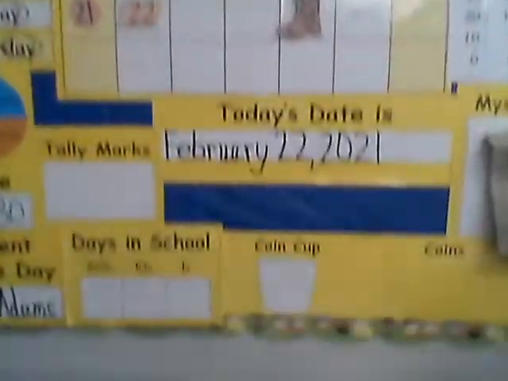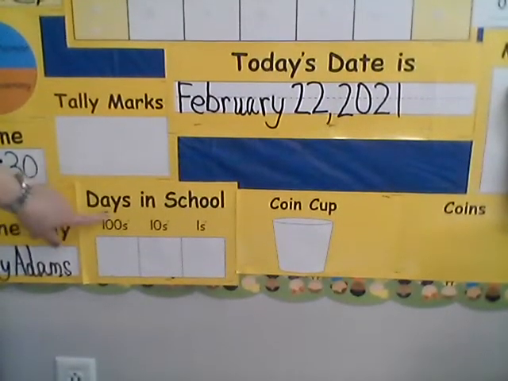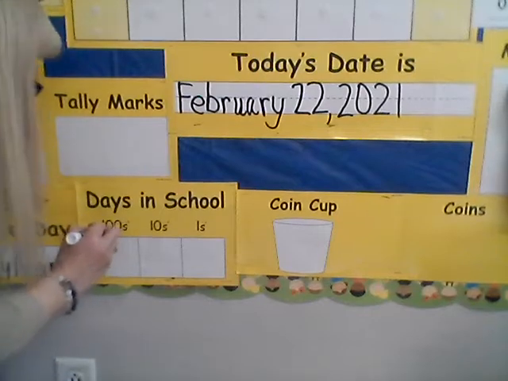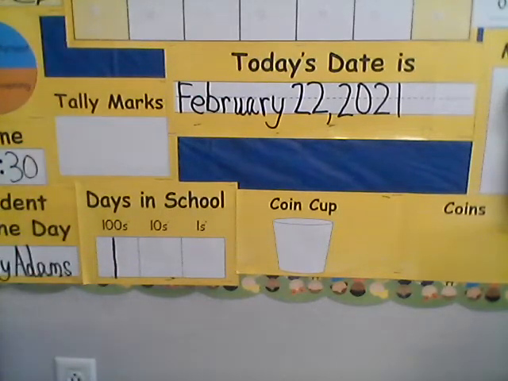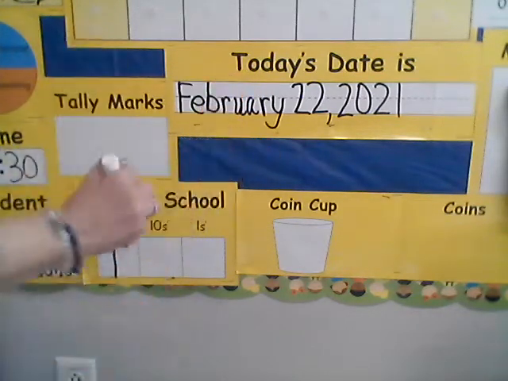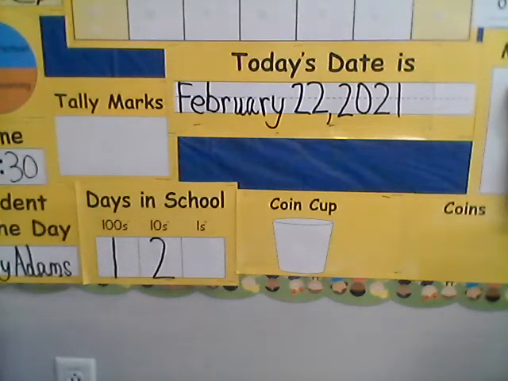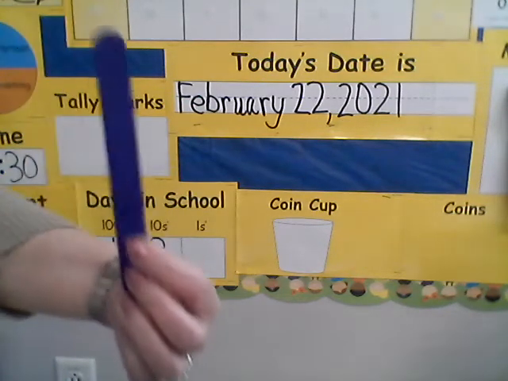So now let's go ahead and graph this on our days in school graph. All right. So in our 100s column, we are going to write a 1. In Mr. 10's column, 1 plus 1 equals 2. And then in Mrs. 1's column, 1.